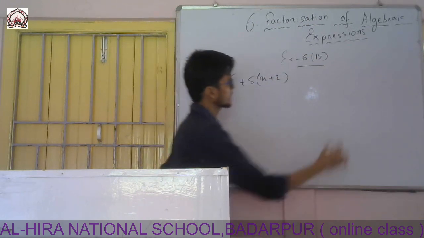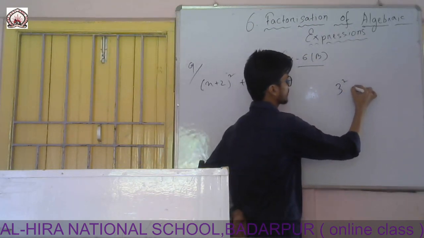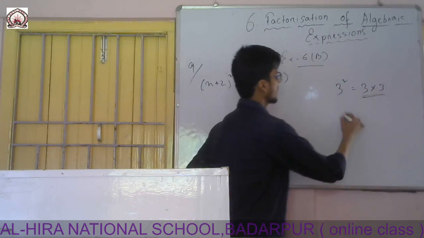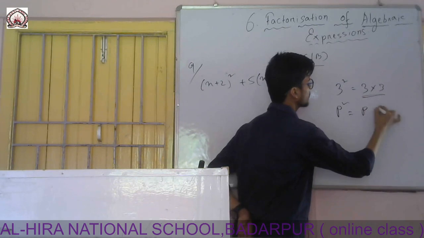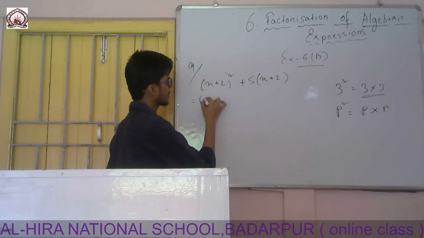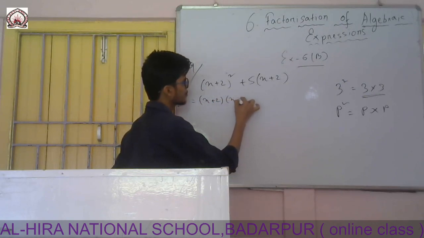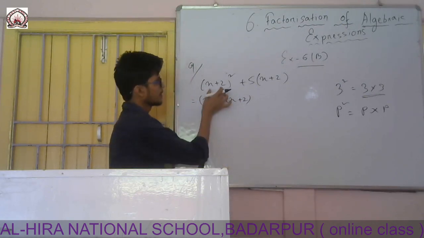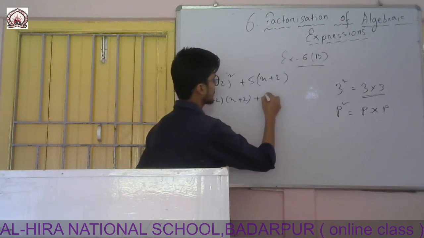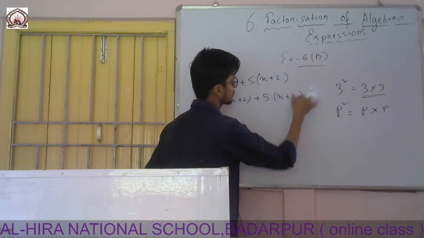So we know that if I write 3 square, then I will write 3 into 3. I have to write 3 two times. If I write p square, then I have to write p two times. So that is also the same thing. It is given squared, so that means x plus 2 into x plus 2. This one squared, that means I have to write this term two times. Then plus 5 into x plus 2.